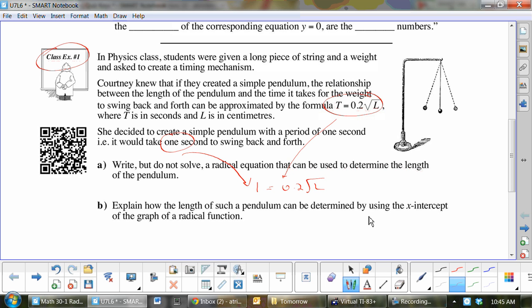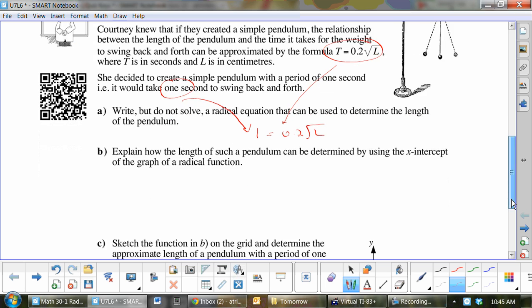Now, how would you graph this? What would you put in your calculator to find the answer to this? Anyone know? I don't want the answer, but what would I do to find it? So you can put this into y1 and y2.